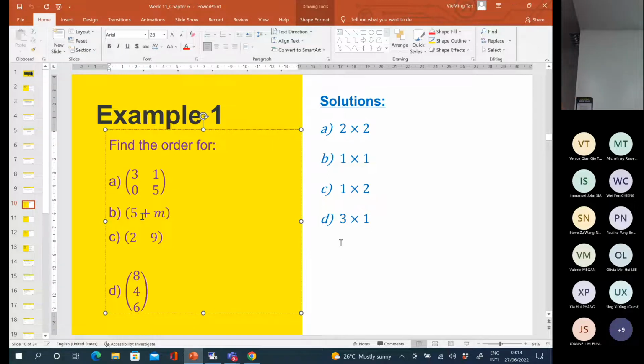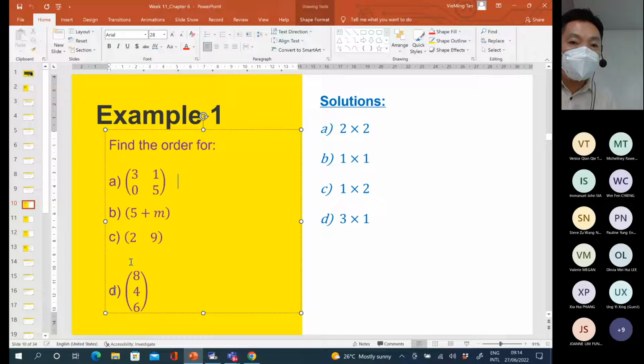Only 1 also, because 5 plus m is considered as one number, one element. So in short, this matrix is of order 1 multiplied by 1: one row and one column. The first number should be the row, and the second number is the column.